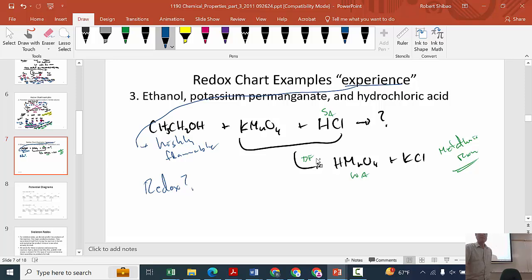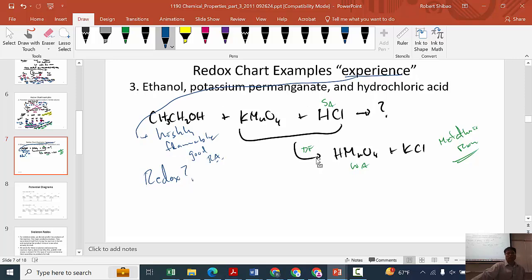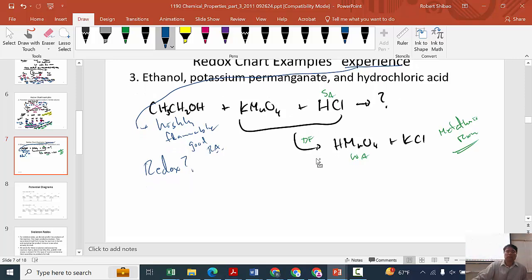But it's highly flammable and therefore it's a good reducing agent. But it's not on the chart. Potassium permanganate's on the chart. I mean, permanganate's on the chart.